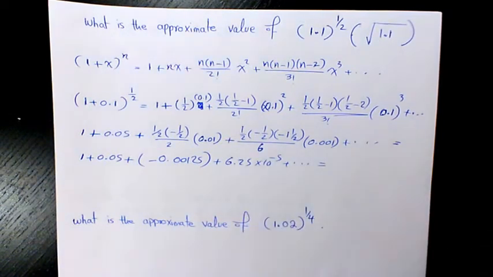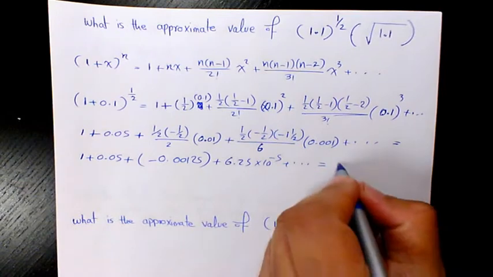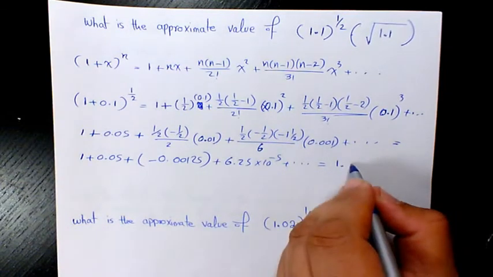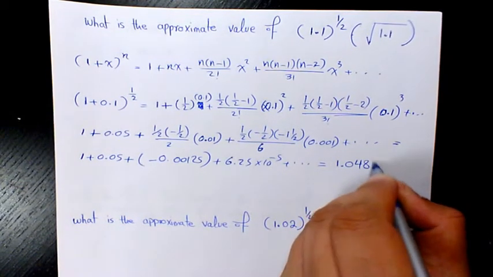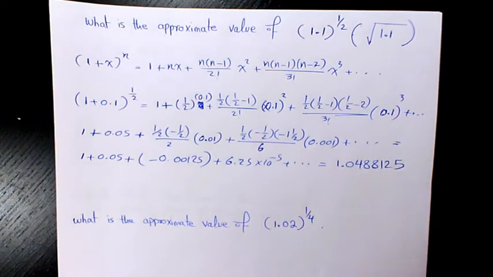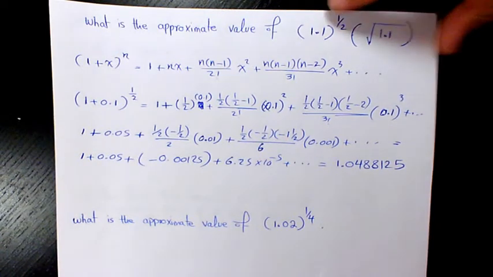So that's going to be approximately 1.04888125. That's going to be the approximate value of 1.1 to the power of half.